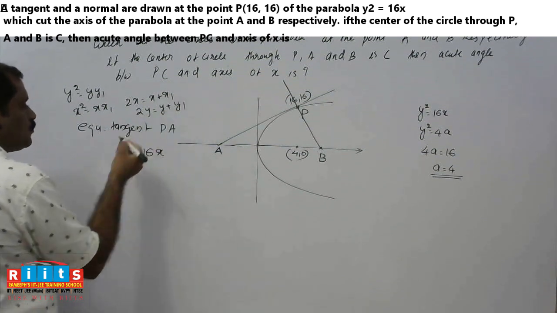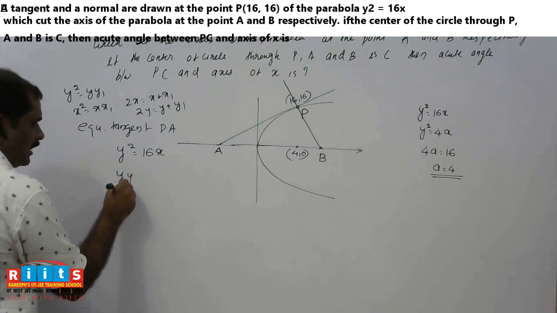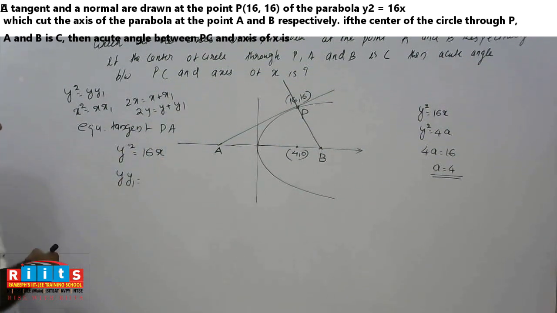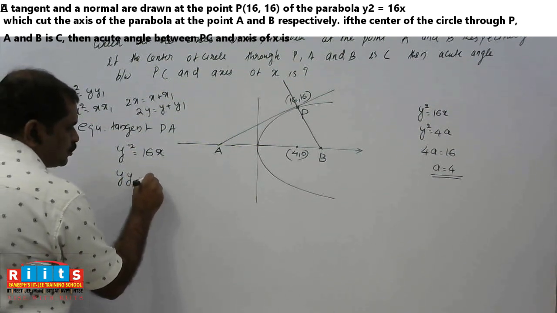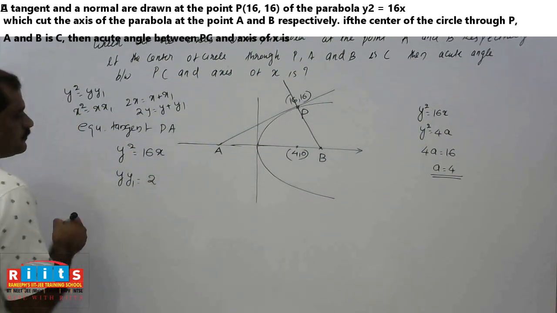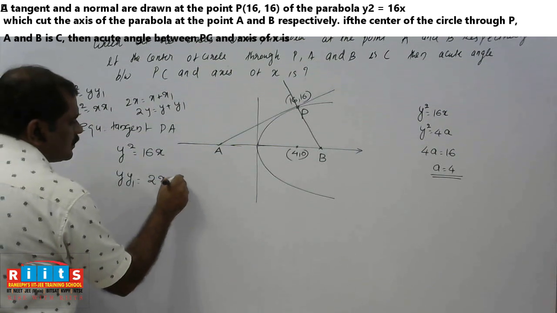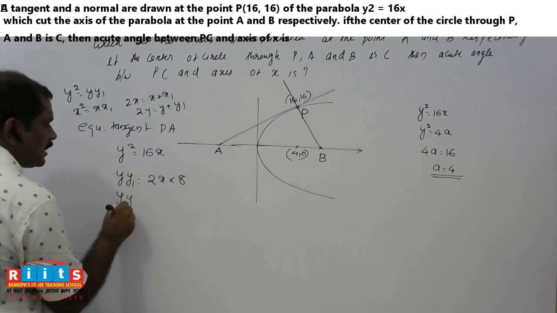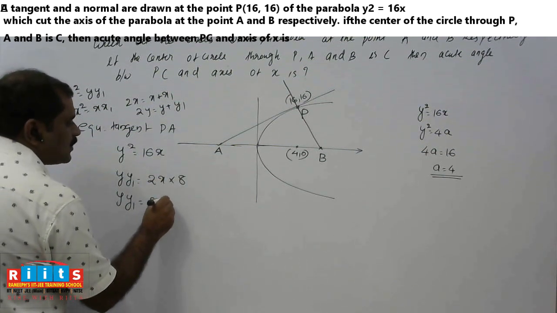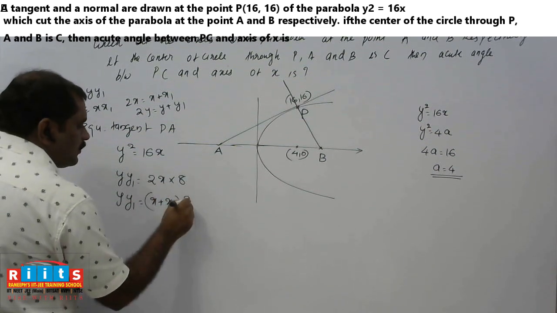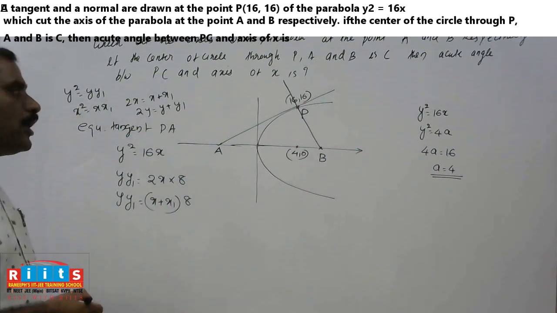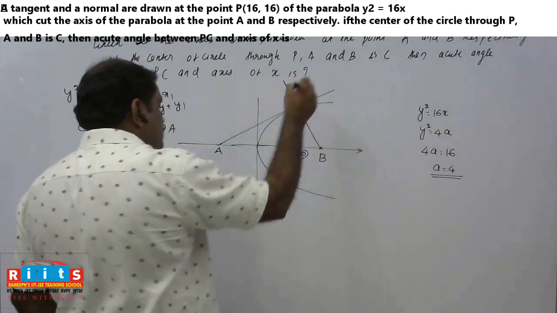Here, y square is replaced by yy1, 16x is replaced by 2 into 8 into x plus x1, where (x1, y1) is a given point. The given point is here (16, 16).